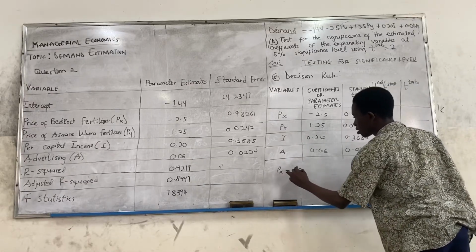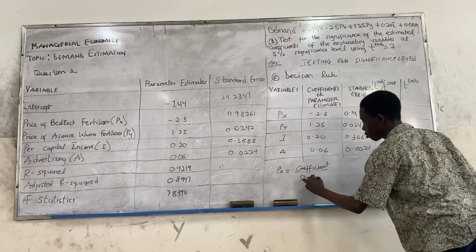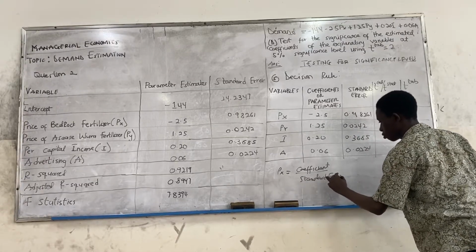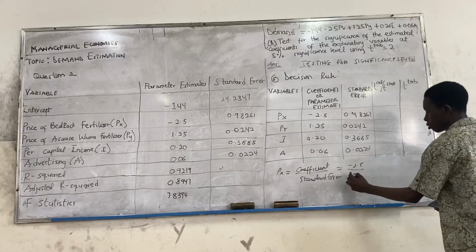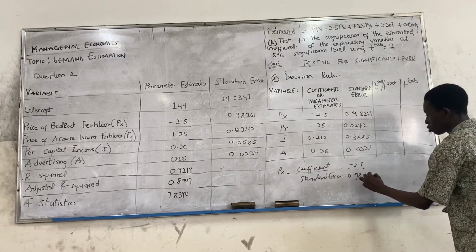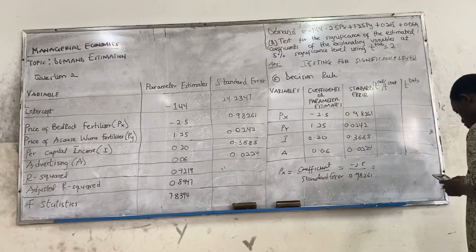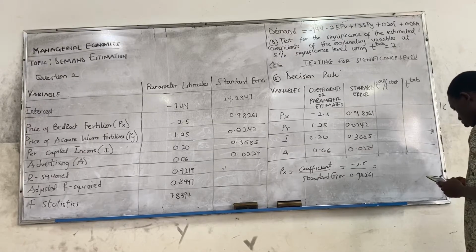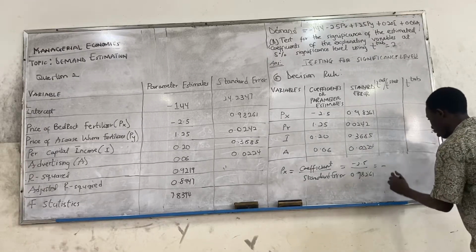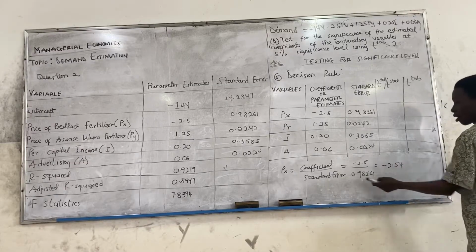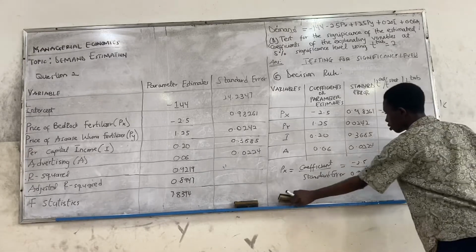For PX, the coefficient is minus 2.5 and the standard error is 0.98261, which gives minus 2.54. Meaning that the T cal is minus 2.54.